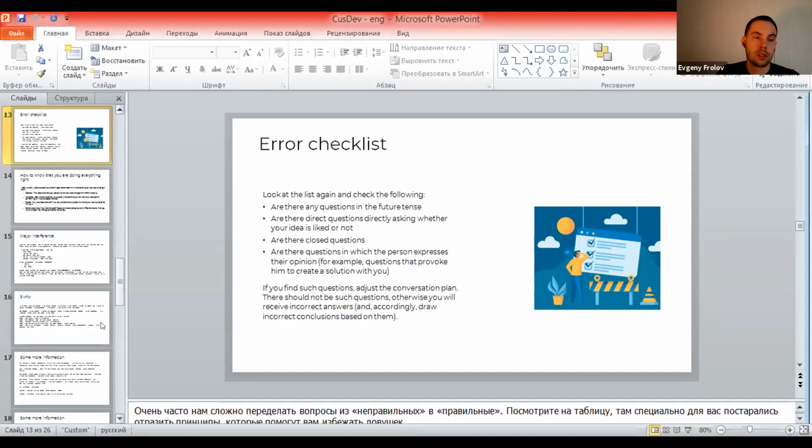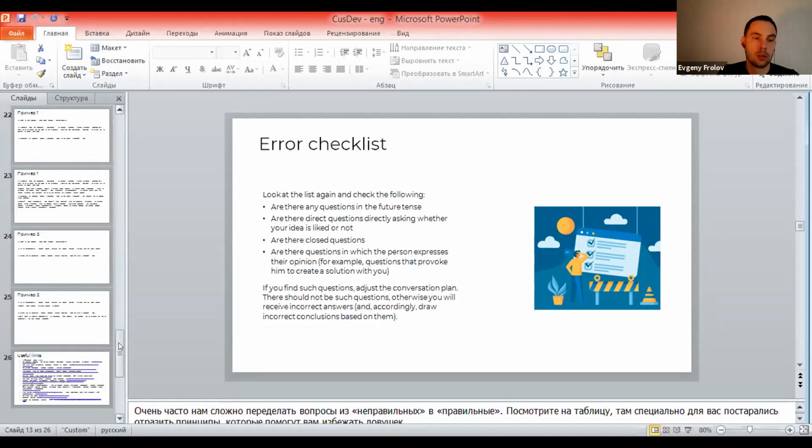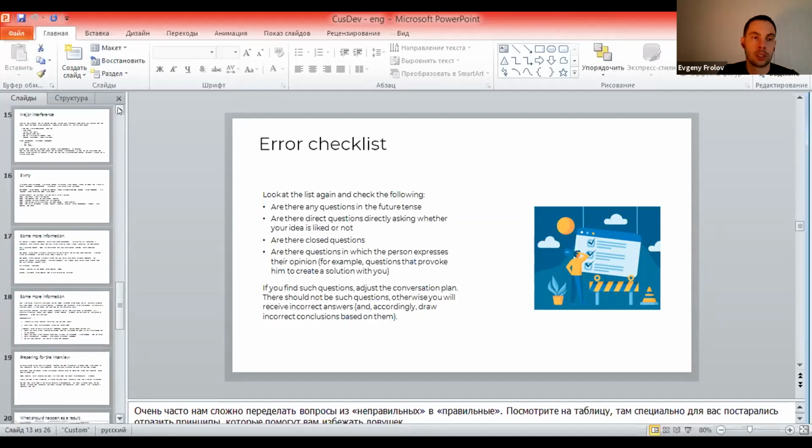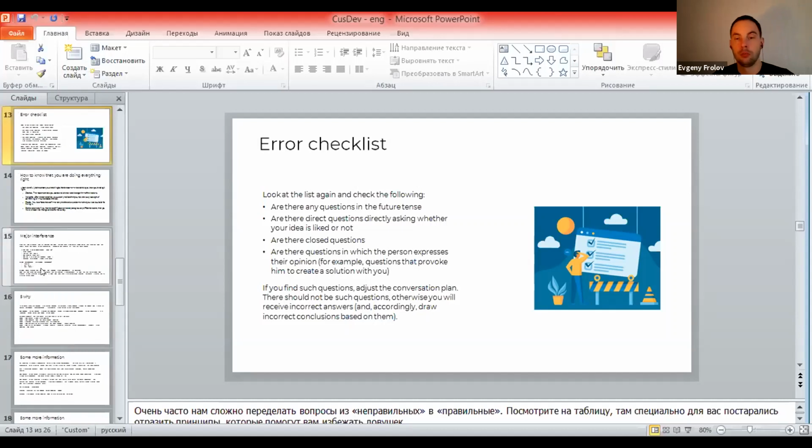So these are some things about how to check yourself if you are conducting the interview correctly. Mostly you will understand whether you did it correctly after the first interview.